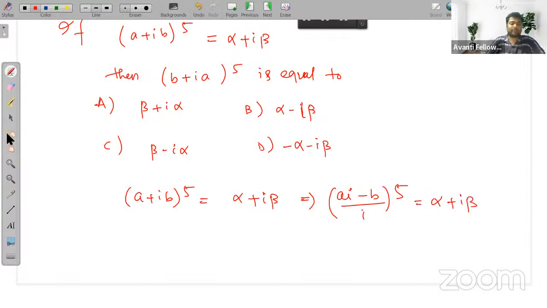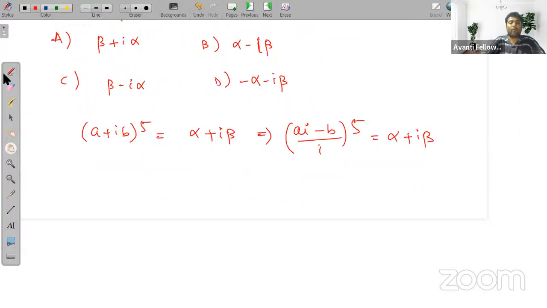Yes or no? Because if you divide by I and open this bracket, what you will get? AI upon I, which is A, and B upon I, which is plus IB. Yes or no? So the same expression can be expressed like this.